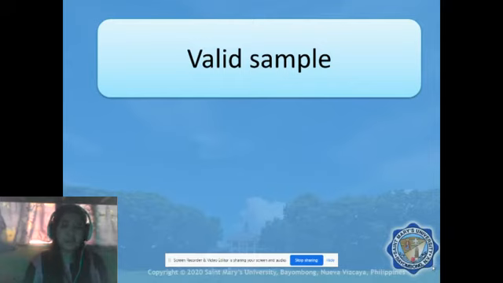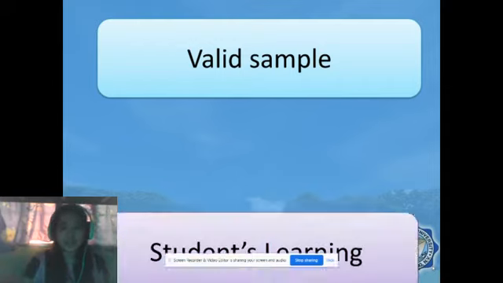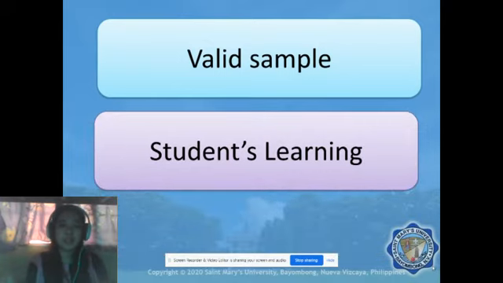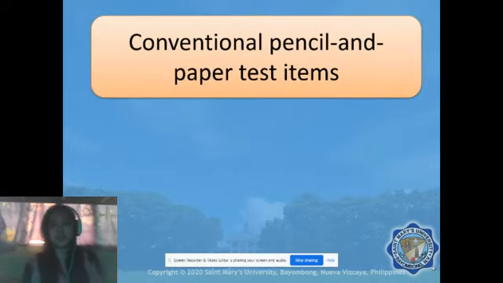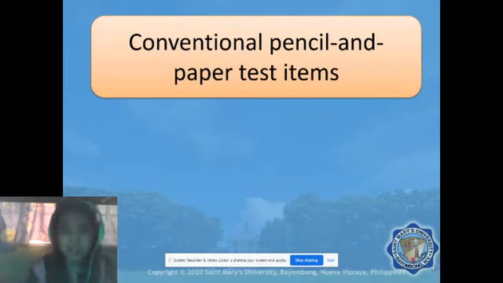The usual scenario is that for us to assess the intervention, for example, in school or in teaching, or to assess what students learn, we consider, of course, assessing or testing students' learning. So the most commonly used assessment to measure students' learning is the conventional pencil and paper test items.